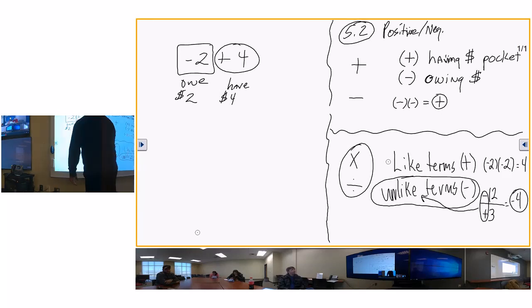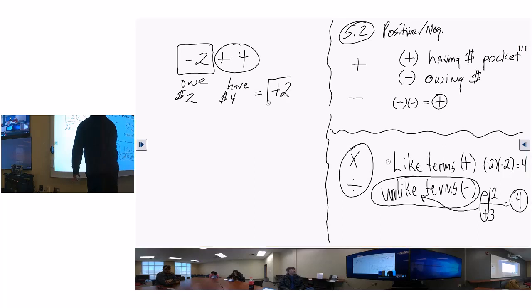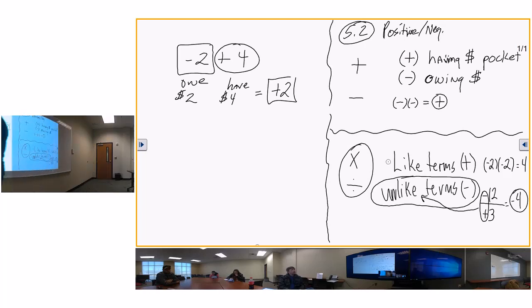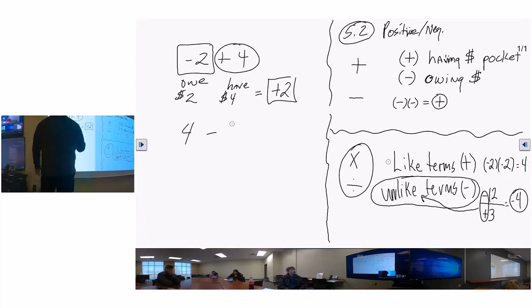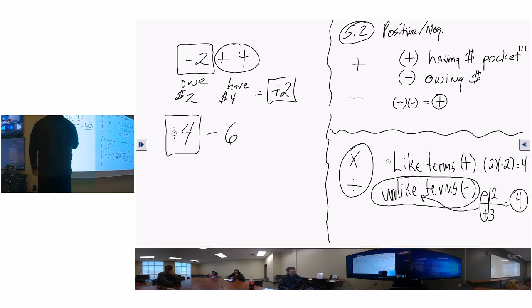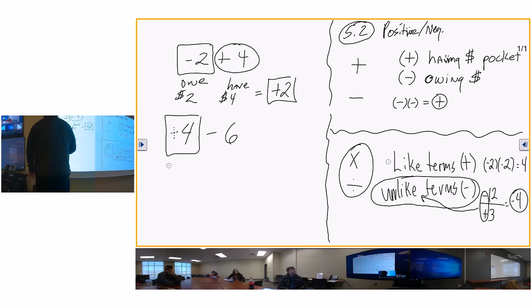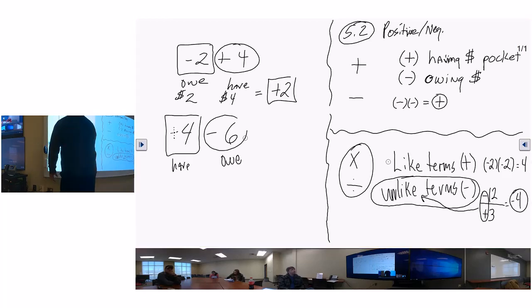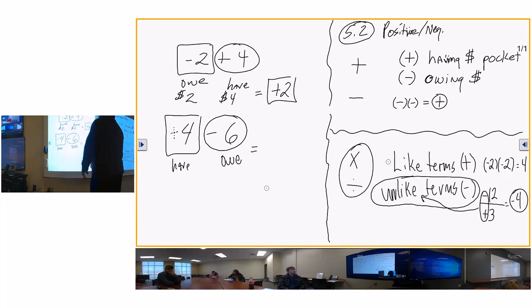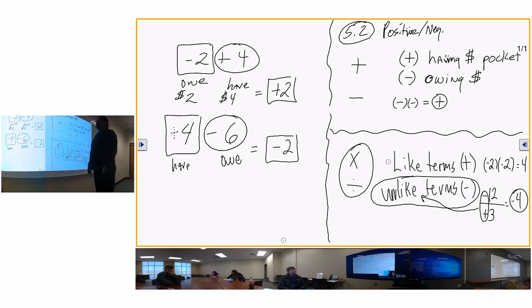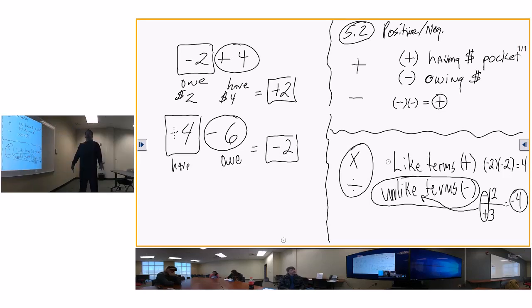It goes down two bucks, 6. You got 2 left. Simple as that. Well, Hubert, what about this? What about if I have 4 minus 6? Well, what's in front of that 4 if nothing's there? You got negative. So you have $4 and you owe $6. What's the answer? Negative. You still owe $2. It's as simple as that.